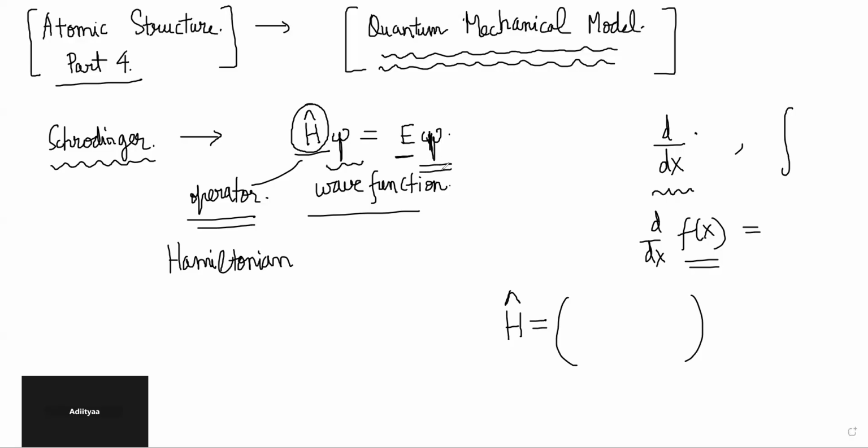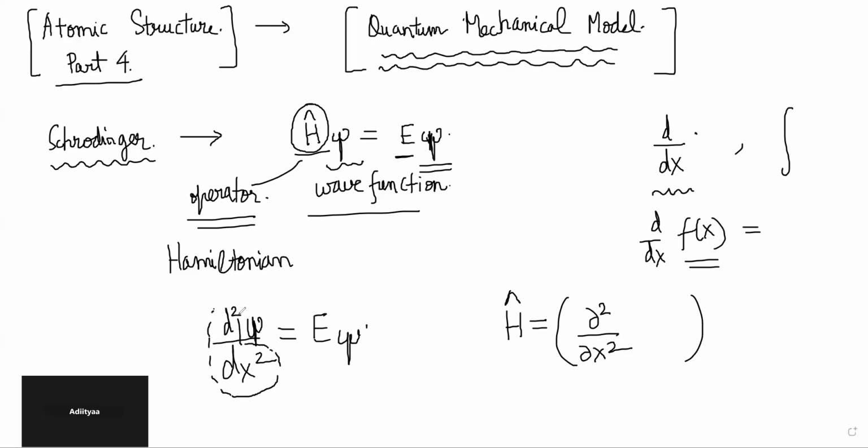In your mind, you should think of it like this. If the operator was a double derivative, for example, then you would have the double derivative of psi with respect to x square equal to E psi. This is a simple operator, a simple double derivative. But actually, the operator is much more complicated.